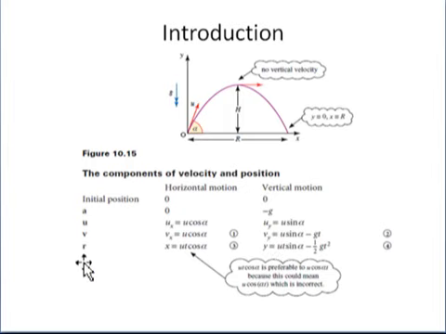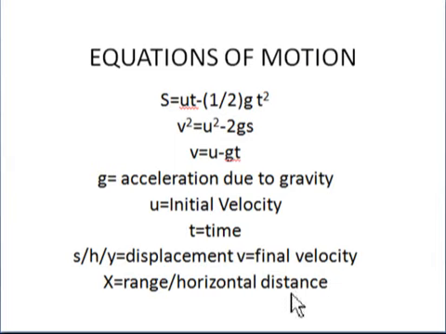That's equation 2. r, which is the range, the distance traveled horizontally, is ut cos alpha in the x direction. In the y direction, it's ut sine alpha minus half gt squared. These equations are standard projectile terms that you're supposed to know, and they're derived from the equations of motion.